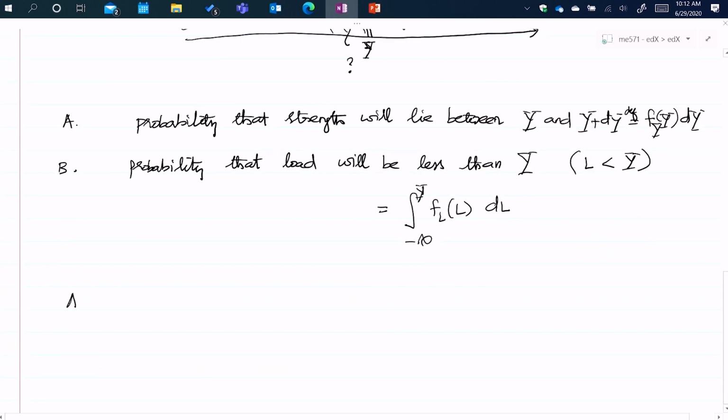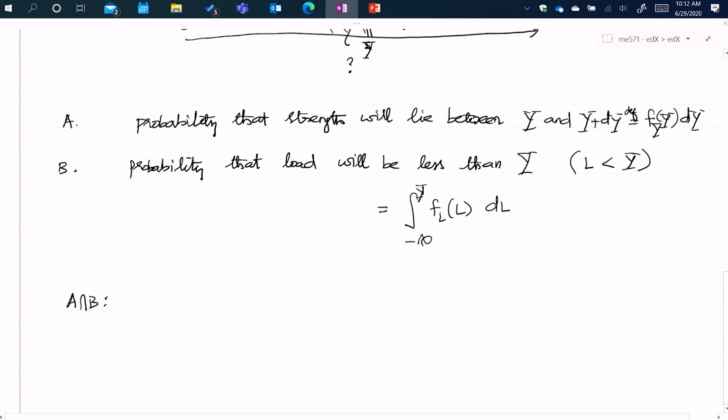If you call this event A and this event B, then the probability that A and B will occur, that is, the probability that strength will lie between y and y plus dy and load will be less than y, is given by the product rule.